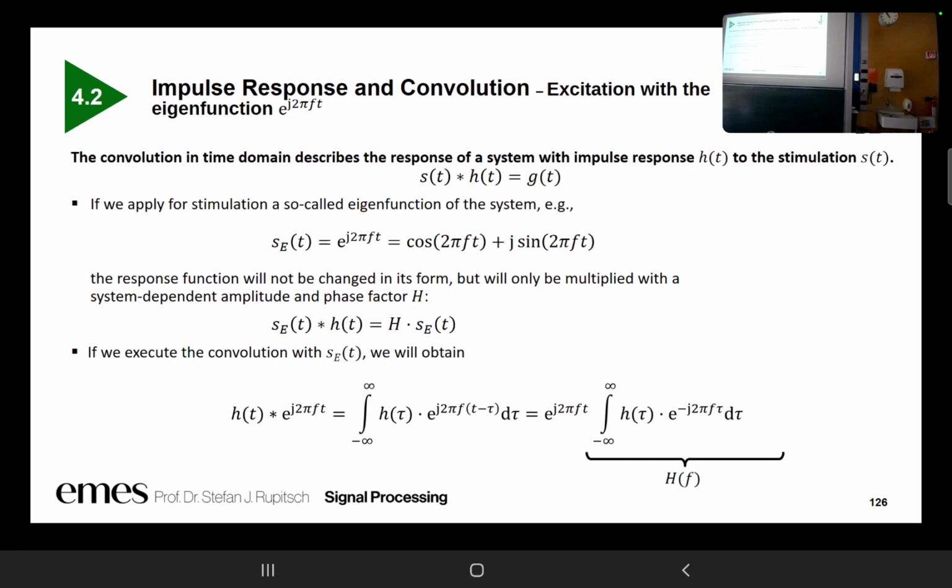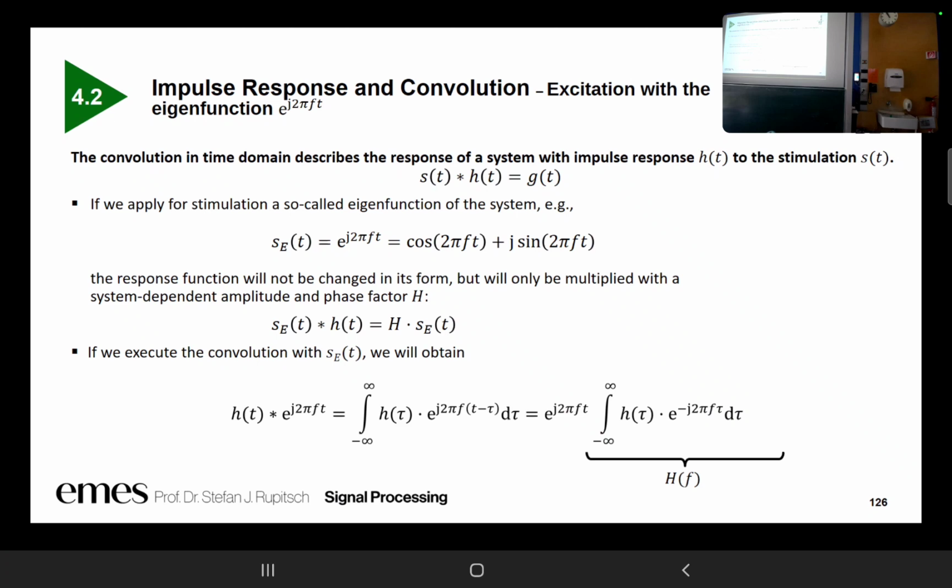The complex exponential function is a so-called eigenfunction. The system will produce at its output this function in a scaled version. The scaling value is the eigenvalue, and the function is the eigenfunction. We already discussed this in chapter 2.